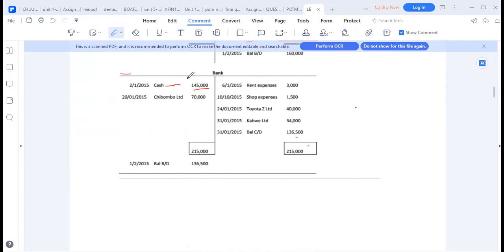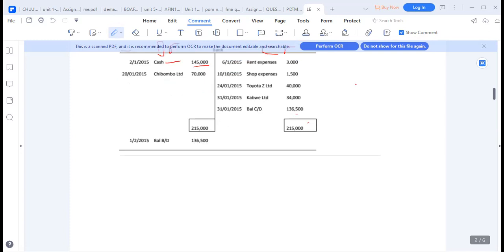This is the debit because the bank is receiving. You're supposed to know where the money is coming from and where it's going. So debit the receiver and credit the giver.